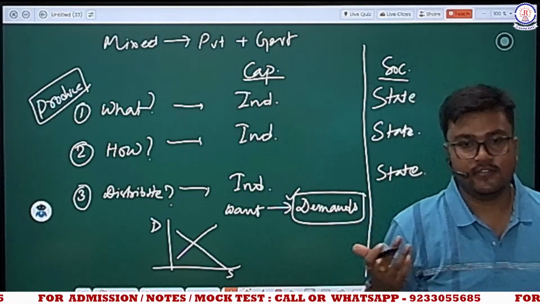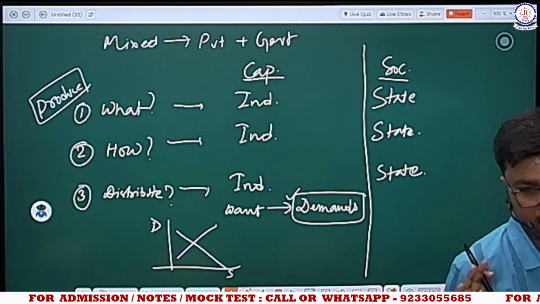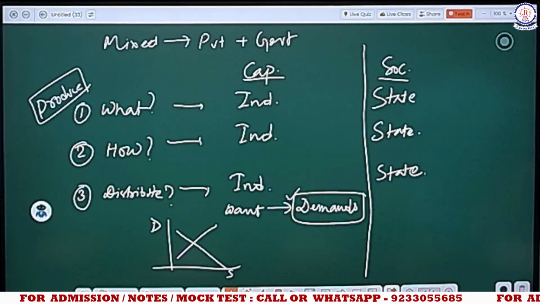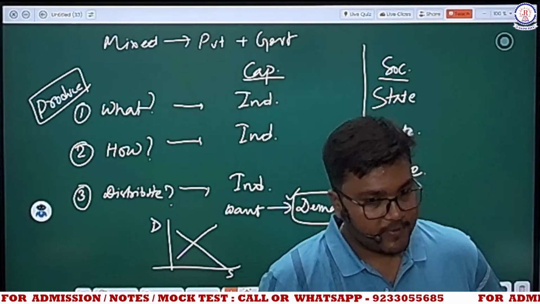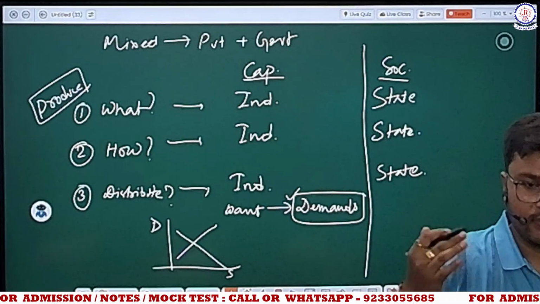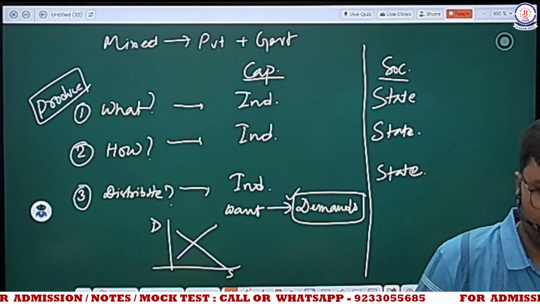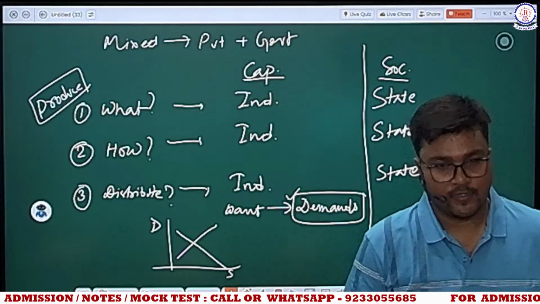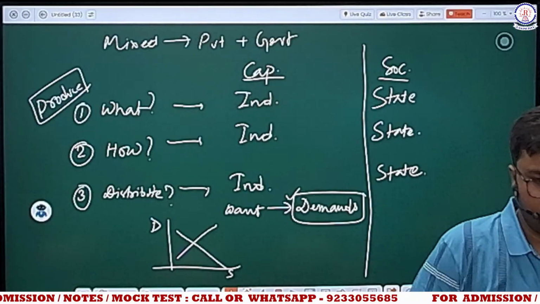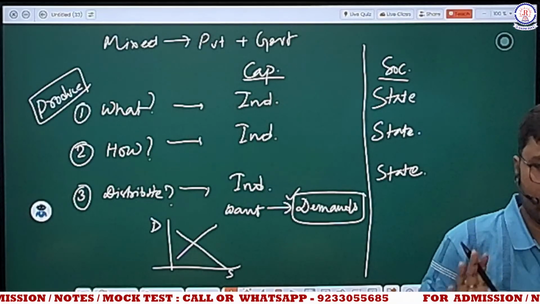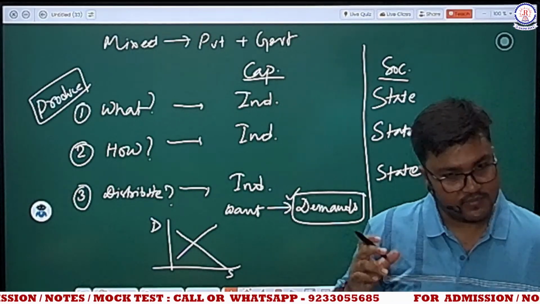Let's say he has the capacity to make 10 samosas in a day, and he sells them for 10 rupees per piece. Let's say his samosas are very good. After a few days, the demand for his samosas is high. That is, instead of 10 people coming to buy those samosas, now 15 people are coming to buy samosas every day, but he himself only has the capacity to make 10 samosas in a day.